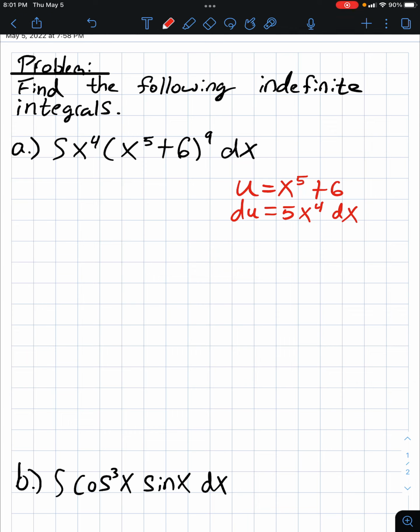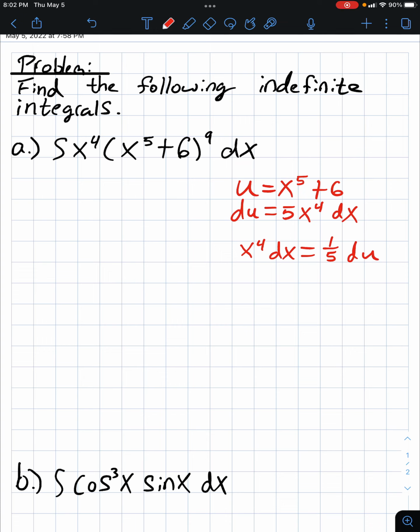So we see that we have an x to the fourth, but we do not have a 5. What do we have to do to implement our du into our integral? Well, we need to rewrite du equals 5x to the fourth dx as x to the fourth dx equals 1/5 du.